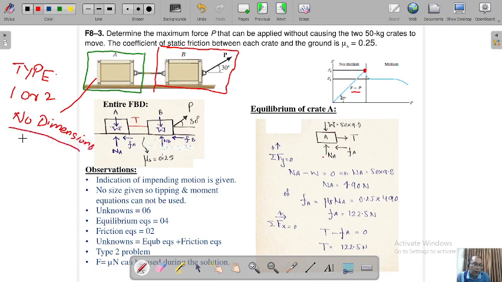Which means x cannot be calculated. What is x?